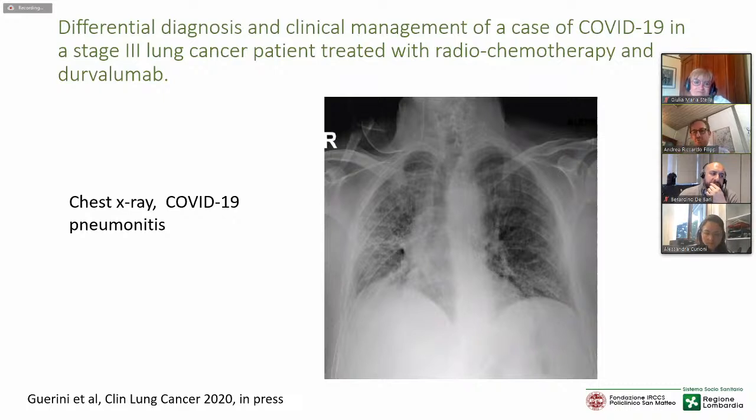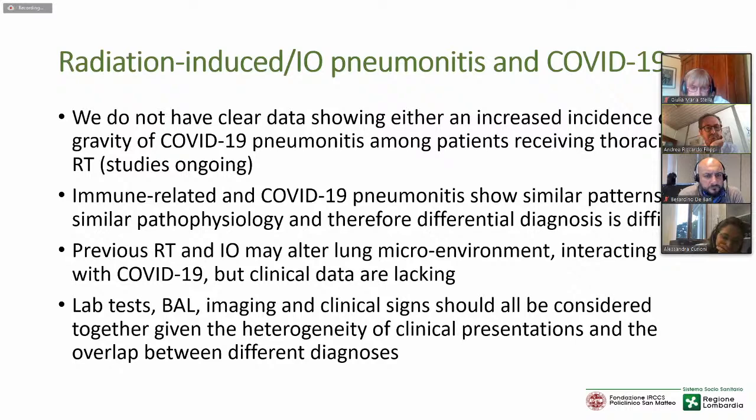The priority for this patient was not very high for mechanical ventilation, etc. So probably we don't know exactly what could have happened if he was treated with respiratory support and artificial ventilation, but his clinical scenario was very bad, and in the end he died of COVID-19. So this is an example of the combination of 3 possible causes of pneumonitis.